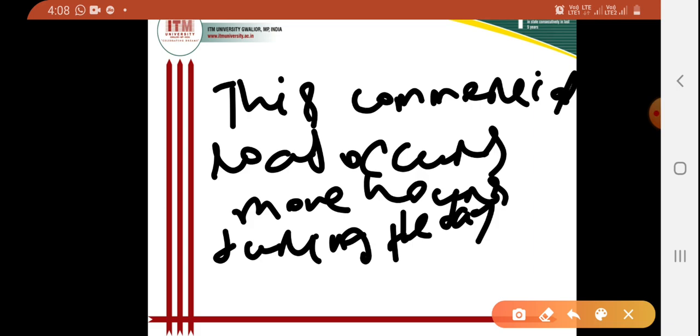So the commercial load has seasonal variation. The commercial load may have seasonal variation.